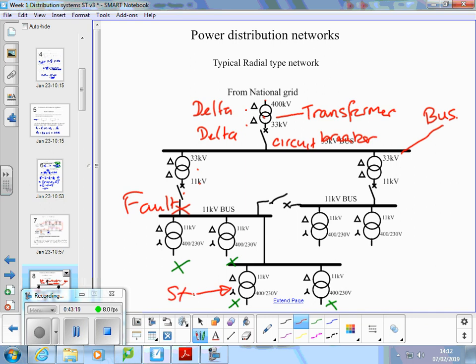So that symbol there is star, that little one. Right? And like I say, our American friends put it this way up and call it Y. That's the same thing. So that's another indication that you're on a site that is talking about American stuff. They start talking about the Y connected transformer or the Y connected motor.